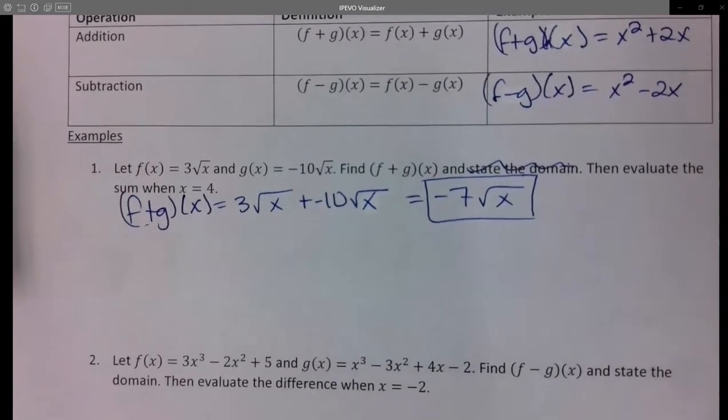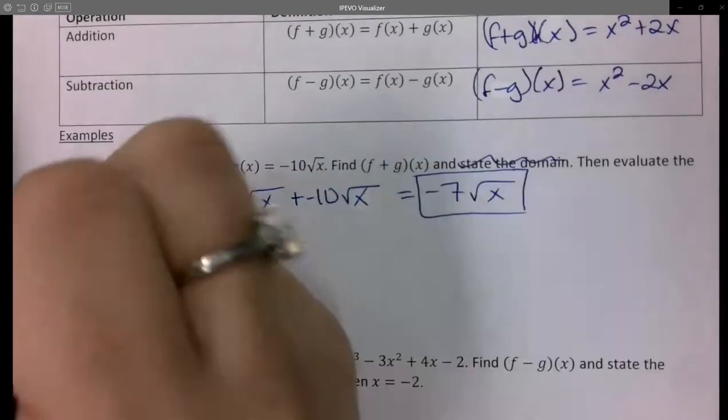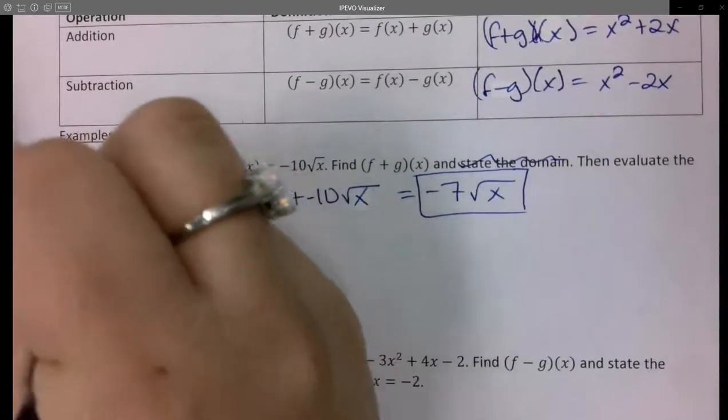Then it wants me to find the sum when x equals 4, so I want to plug in 4 for the x.